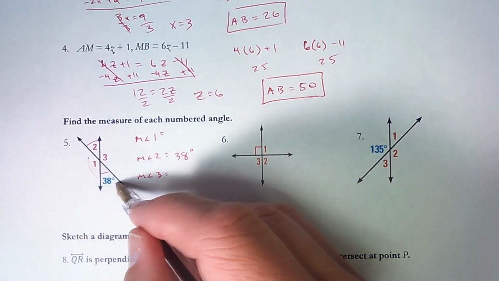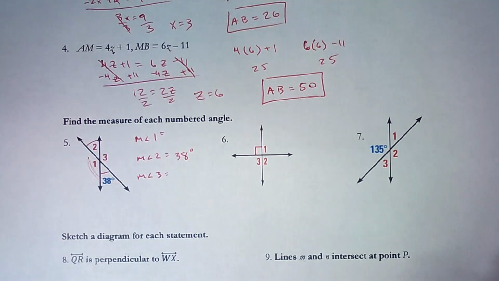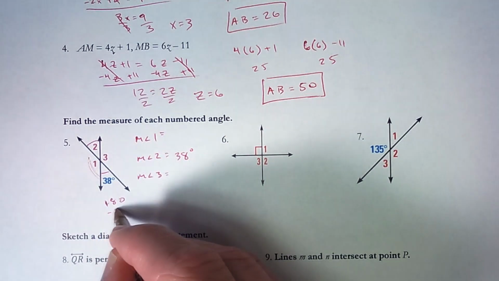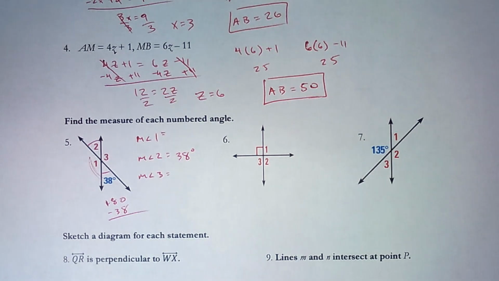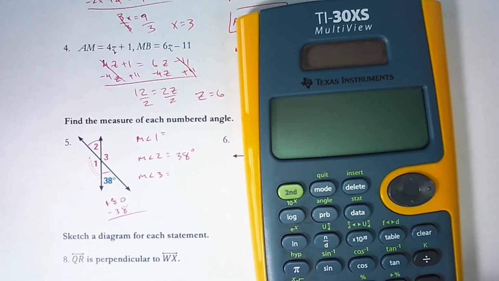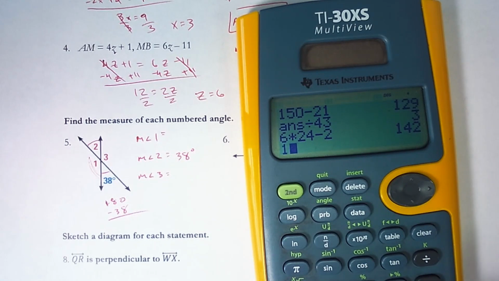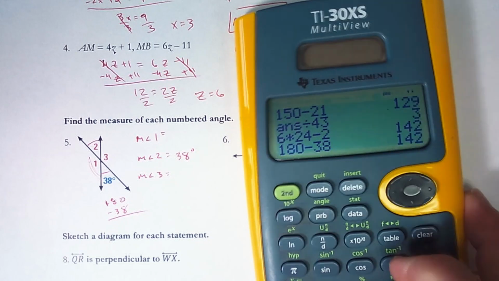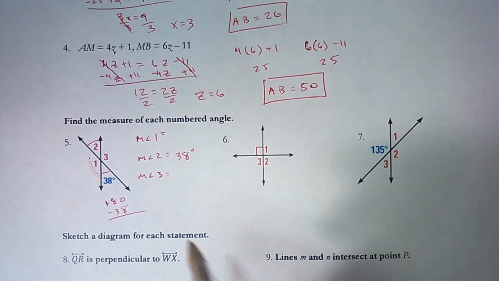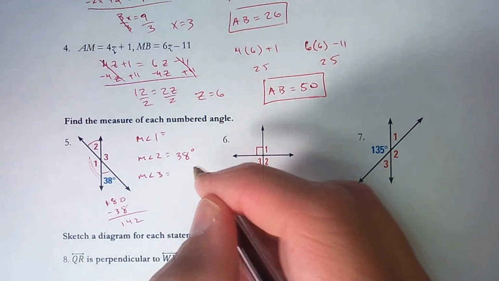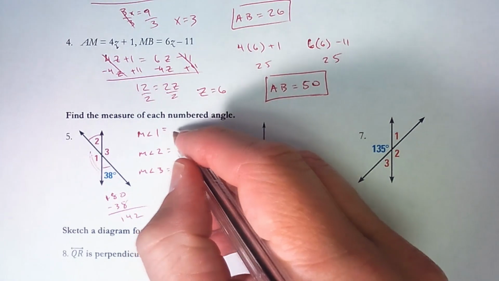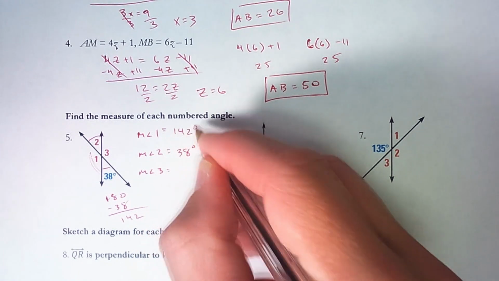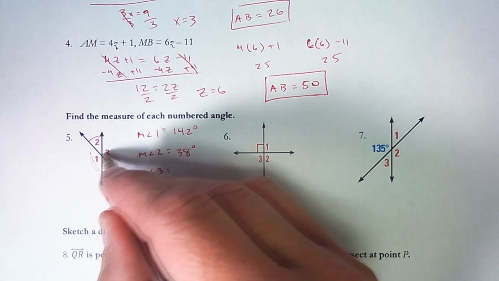These are a linear pair, which means they are supplementary. Okay, so 180 minus 38 is 142.